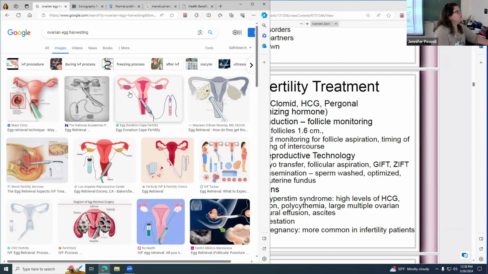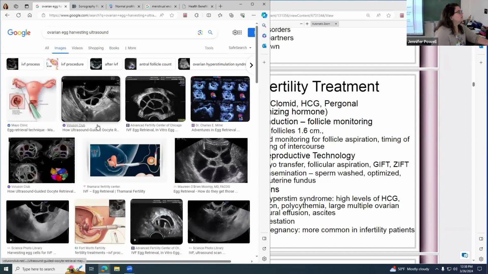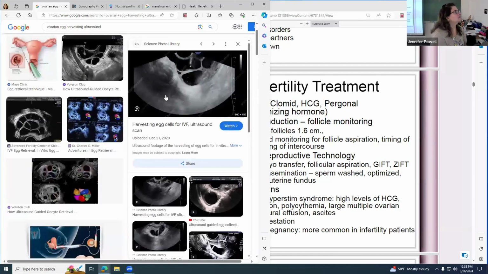They go in and aspirate out those eggs. So you could potentially be asked to help with that, ultrasound assisted harvesting.